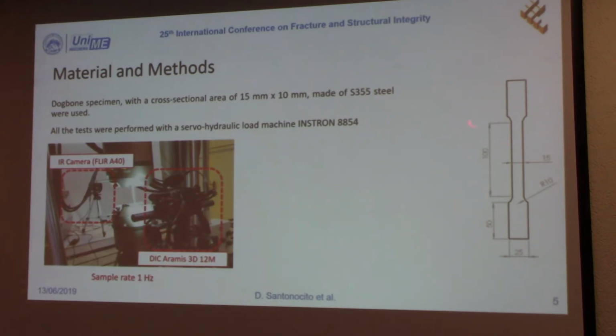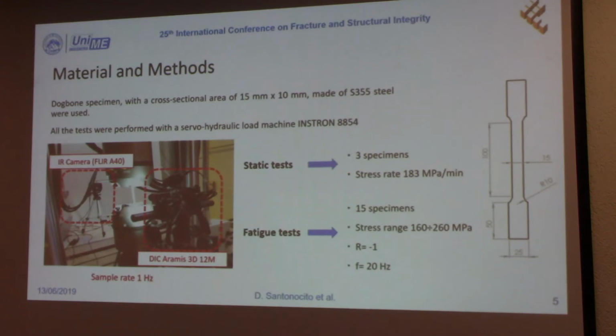The specimen surface was covered with black paint in order to increase the thermal emissivity of the specimen on one side, and on the other side the specimens were coated with a black and white pattern in order to assess the displacement with the DIC. Two series of tests were performed.